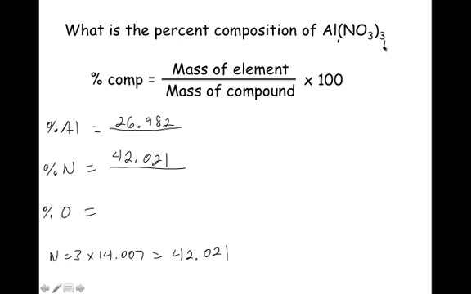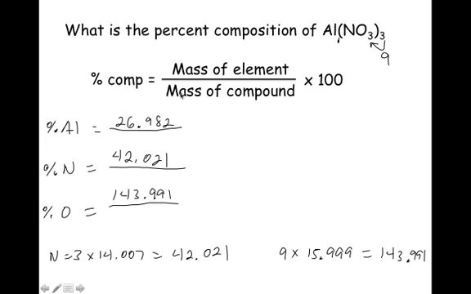And then this 3 gets distributed there, so we have 9 oxygens. So 9 times the mass of 1 oxygen, 15.999, gives you 143.991. So that is the mass of the oxygen, 143.991. All right, so those are our 3 parts.